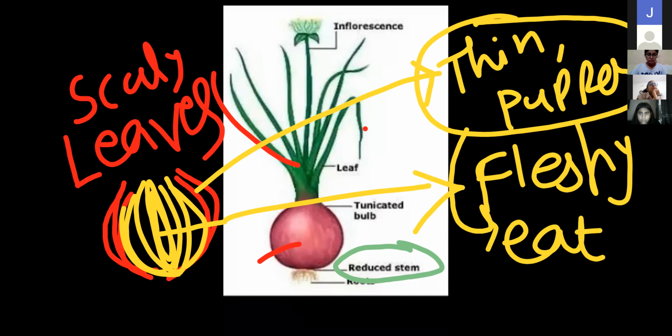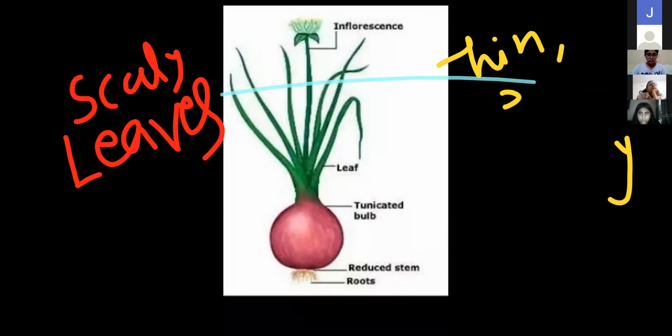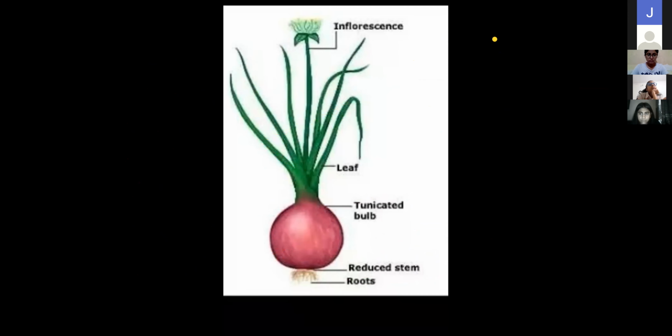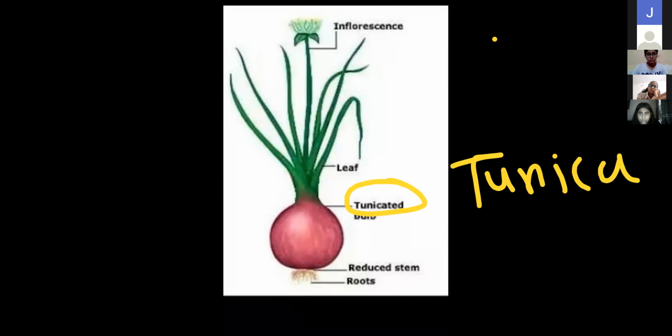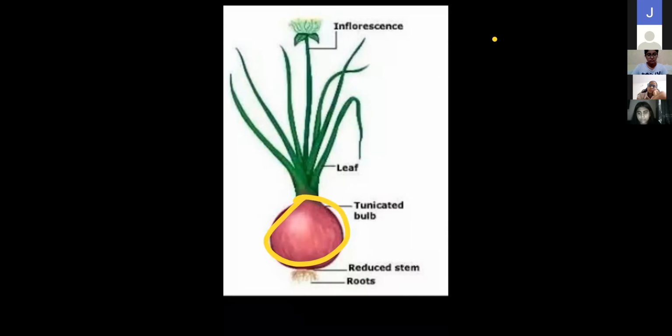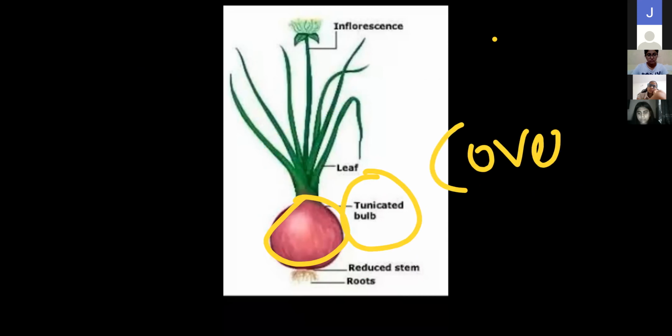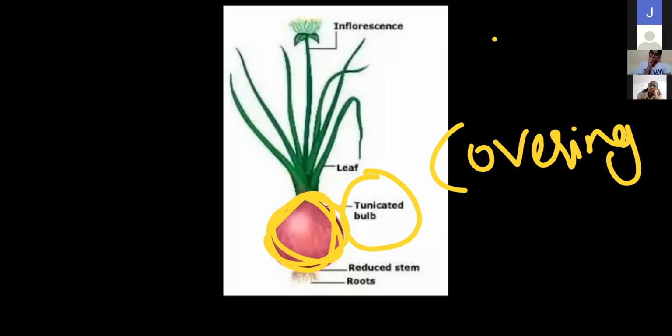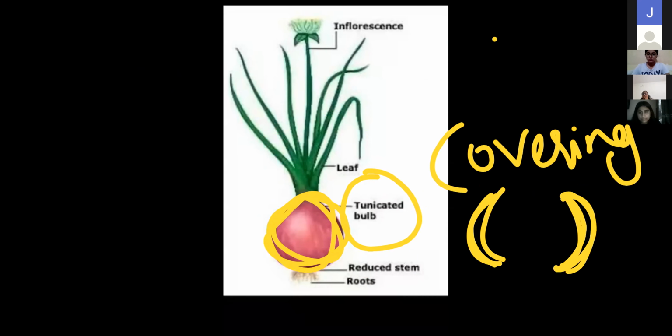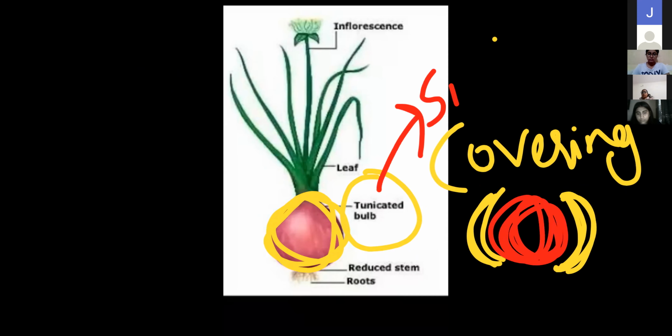For covering we use the term tunica, and it's a bulb-like structure, so the name given is tunicated bulb, in which outer thin papery leaves are there and inside thick fleshy leaves are present, in which the stored food material is present. This one we call simple tunicated bulb.